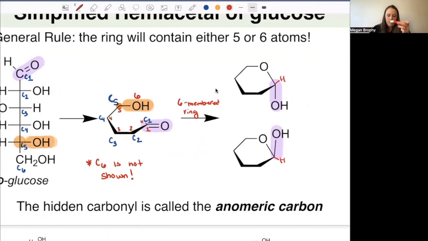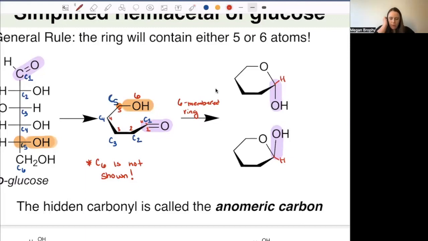When we break the carbon-oxygen double bond and make our tetrahedral carbon, that hydroxyl group can go either up, out of the plane of the card, or down. So that's what we're seeing here: 2 different isomers that can form.